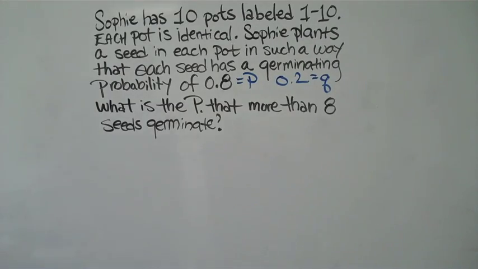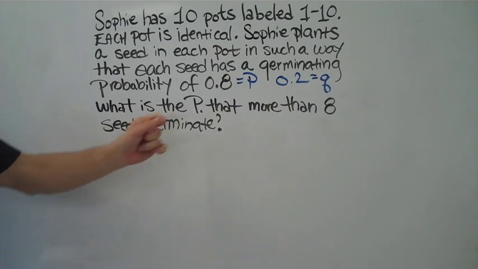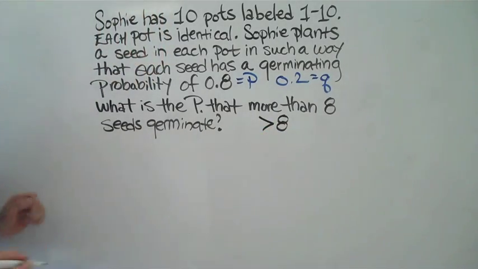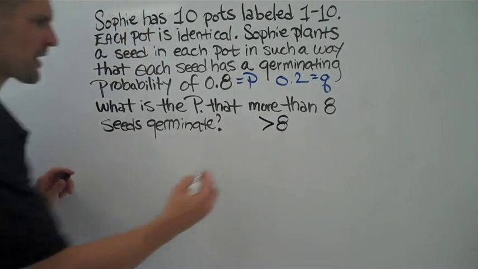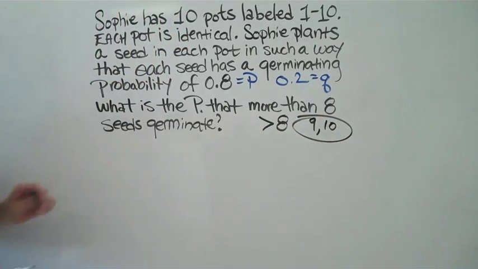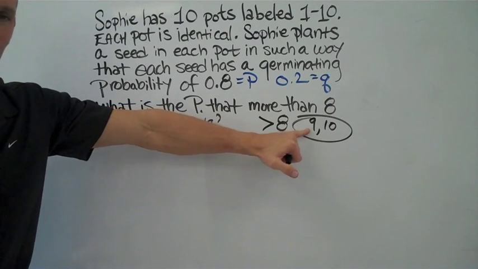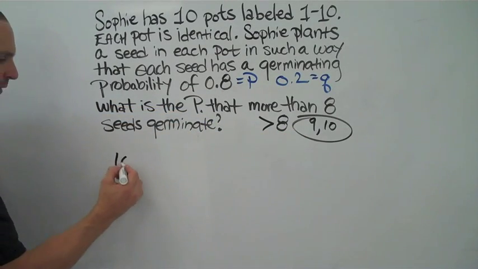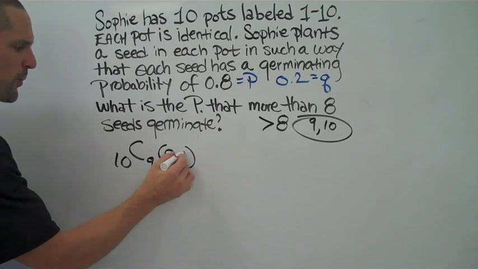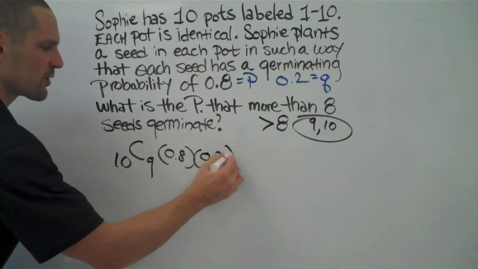Again, we're talking about Sophie, and our third question here is, what is the probability that more than 8, so that's greater than 8 seeds germinate? Well, what does that define as? Well, we could have 9 seeds germinate or 10 seeds germinate. Well, what is the probability that exactly 9 seeds germinate? I have n of 10 selecting 9. Well, my probability of success is 0.8 and my probability of failure is 0.2.